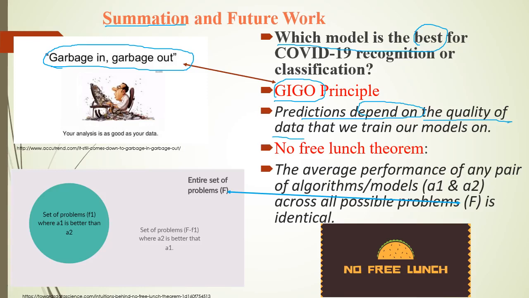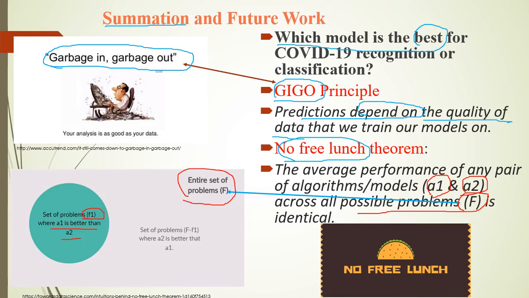And the second is what we call the free lunch theorem. It says, suppose we have all the possible COVID-19 detection problems, called F. And we have 2 AI algorithms, A1 and A2. We can see here the green circle. F1 is the set of the problems where A1 is better than A2.